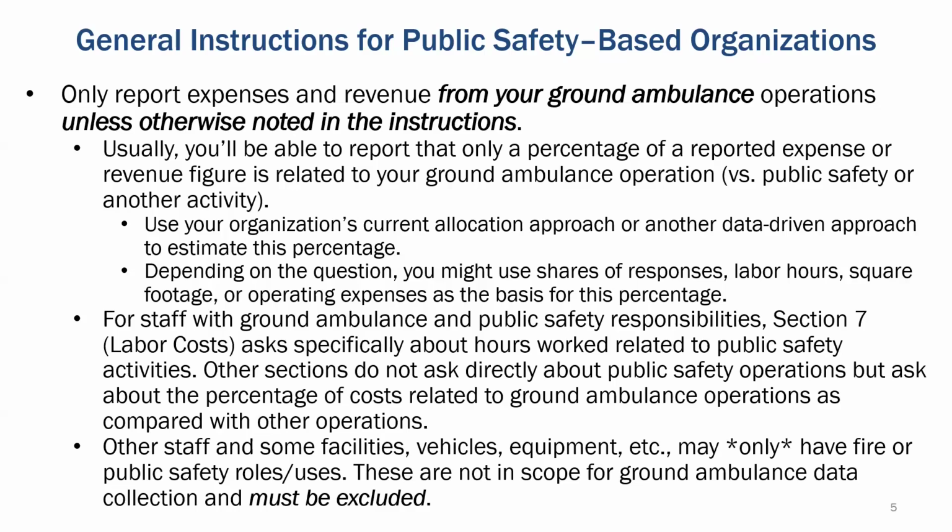Different organizations have different approaches and strategies to do this. And you do have a choice of, in many places, reporting it in one way or the other, either an organization-wide total with a share that's ground ambulance related, or just the ground ambulance dollar amount after doing that multiplication on your end. So again, if you're thinking about alternative ways to tackle this or need some advice or pointers, you can definitely take a look at the earlier allocation webinar and the allocation tip sheet.